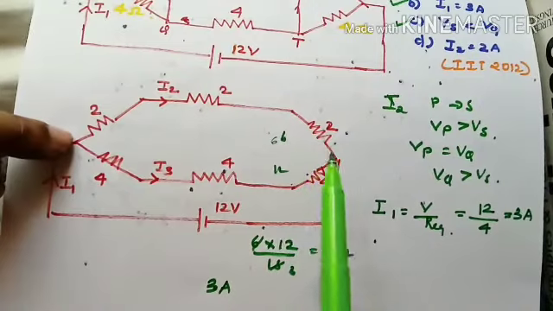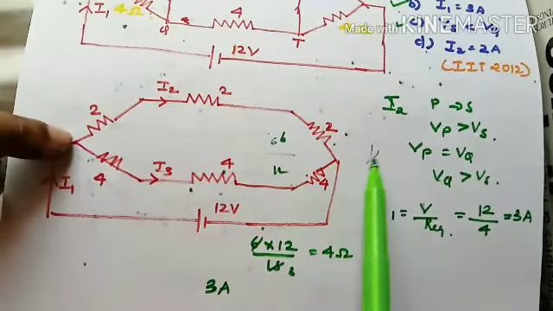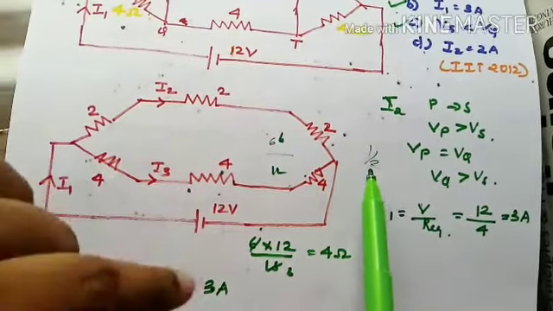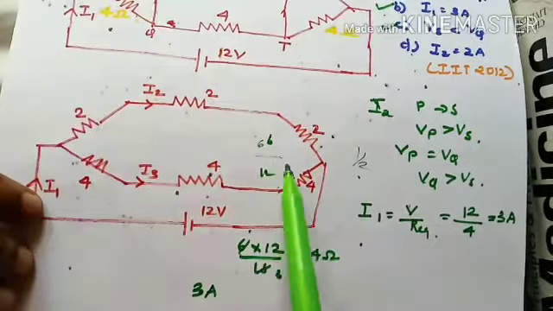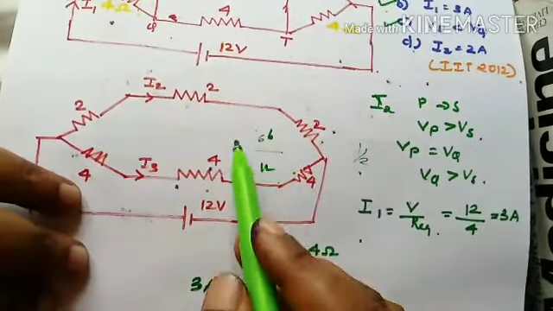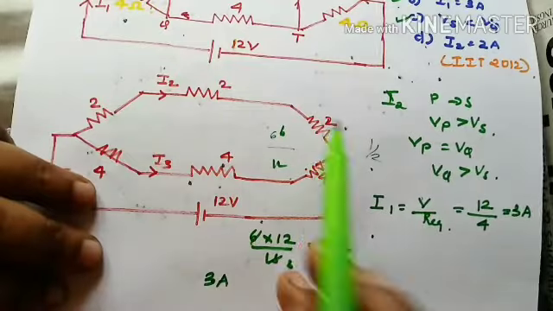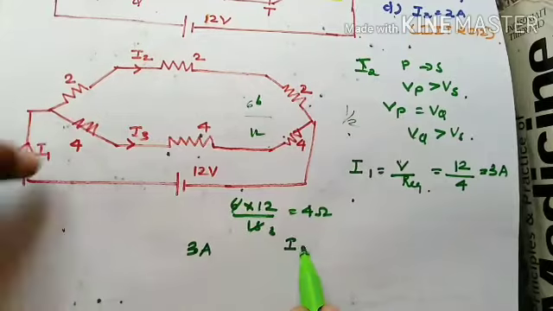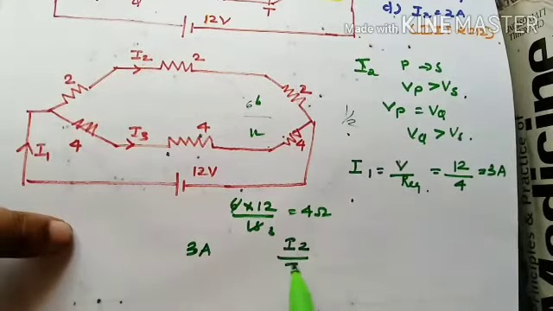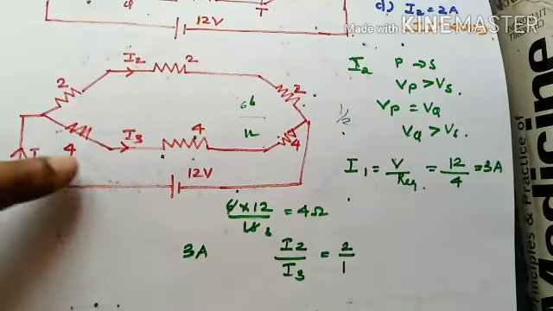In which ratio? In 2:1 ratio. The resistance is in 1/2 ratio. When resistance increases, the current is reciprocal of it. So if the resistance is in 1/2 ratio, then current will be in 2:1 ratio. That is, double the amount of current will be flowing through this branch. So I2 by I3 will be 2:1.